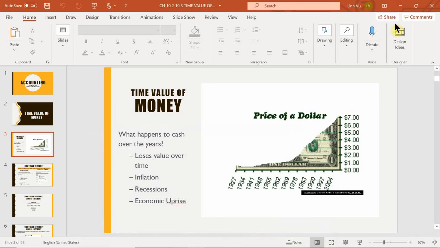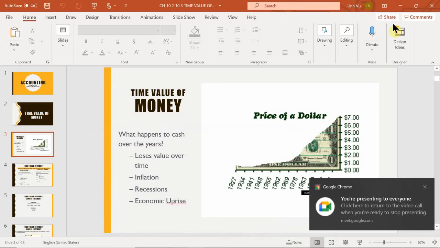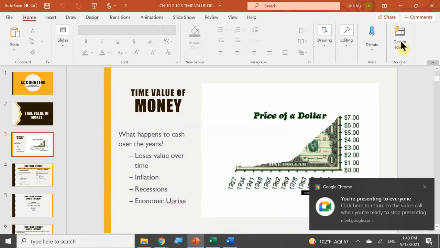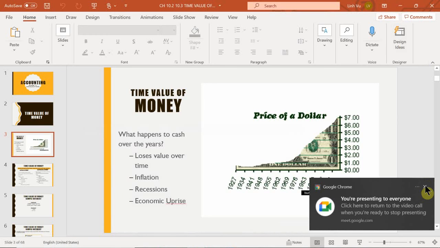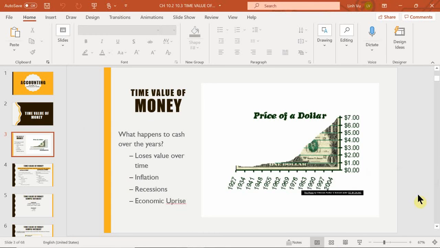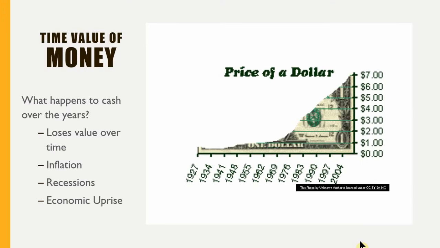Once again, when we're taking a look at the dollar, especially in the United States, it has definitely changed over time. You can figure out how much the dollar is worth right now because if you go to the Google website, you can compare how much the dollar changes on a day-to-day basis.